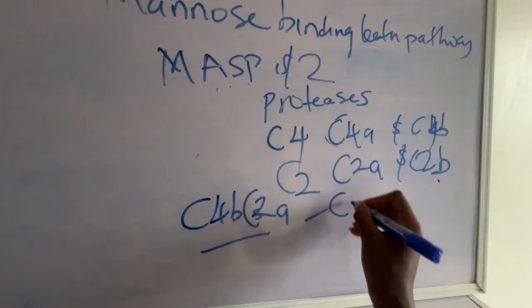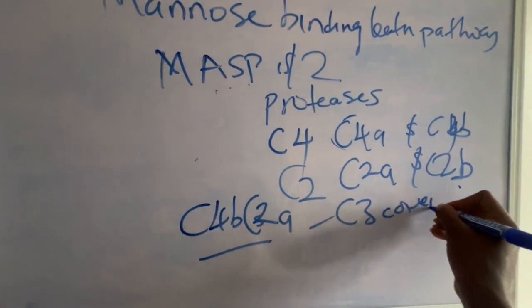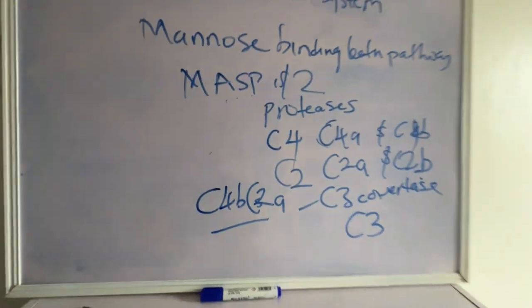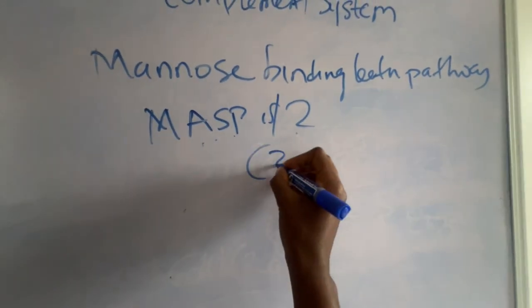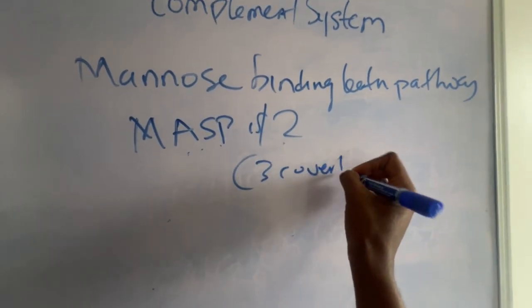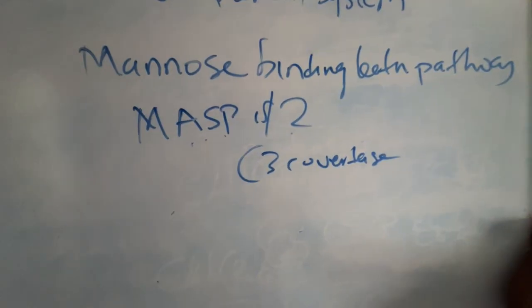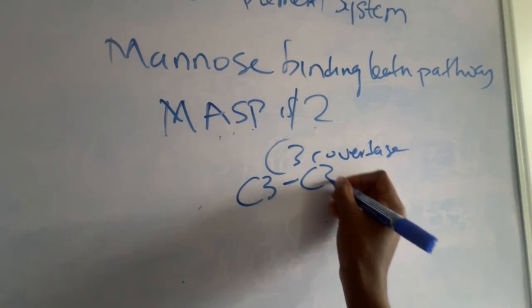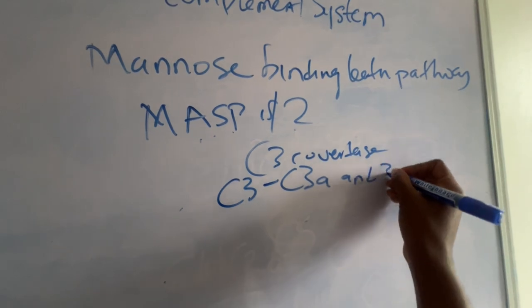This becomes the C3 convertase that cleaves C3. The formation of the C3 convertase leads to the cleaving of C3 into C3a and C3b.